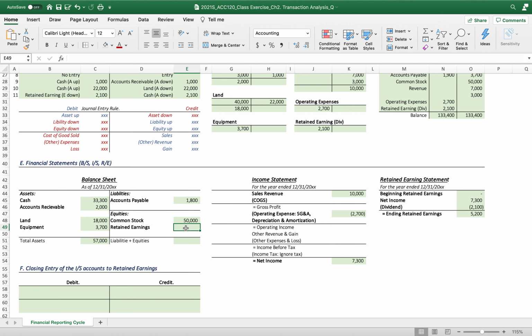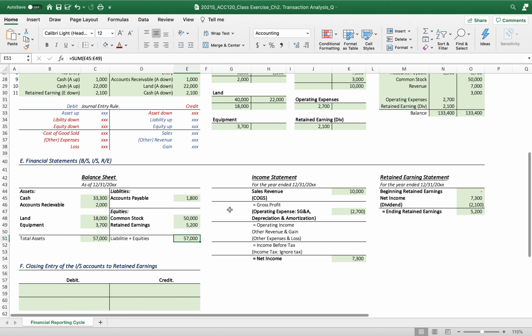Now this ending balance of retained earnings, as of December 31st of that year, should be 5,200 after subtracting this dividend. And then the sum of all the liability and equity should be the same as the total asset. Now we finally finished this financial statement.